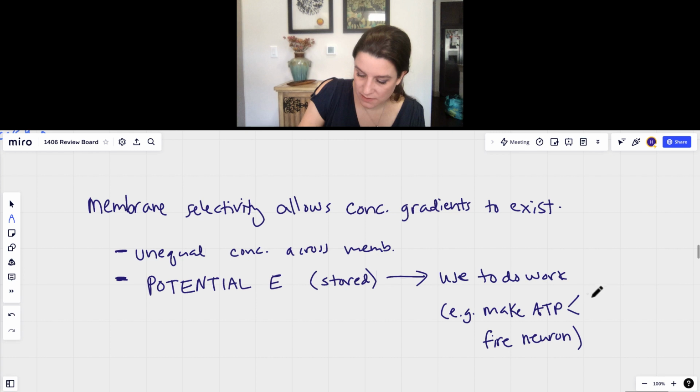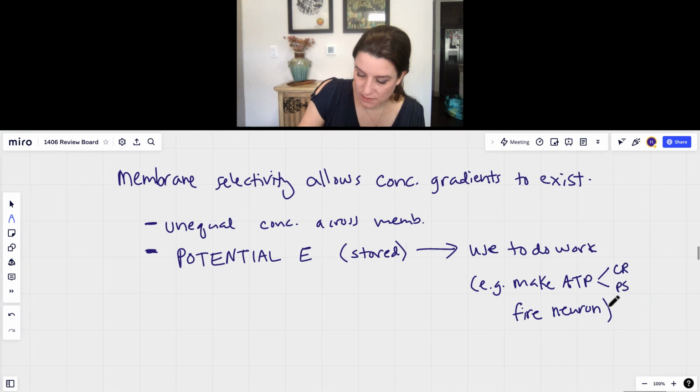Making ATP both in cellular respiration and photosynthesis uses these concentration gradients. Specifically, the concentration gradient used for making ATP is with the hydrogen ions, H+, or we can call those protons, across membranes.